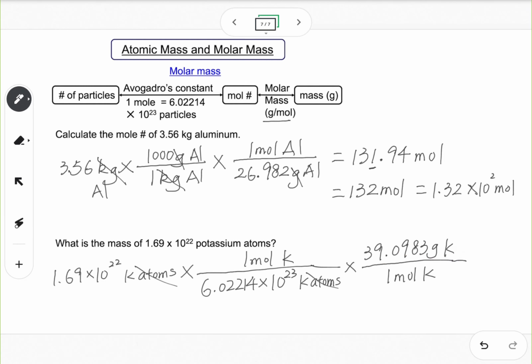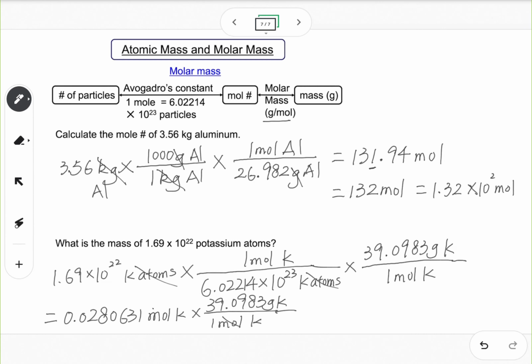And if you do the calculation, I'll do this calculation step by step. For this part, it gives me 0.0280631 mole potassium, times 1 mole potassium, 39.0983 gram potassium.